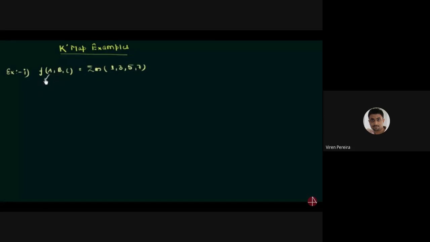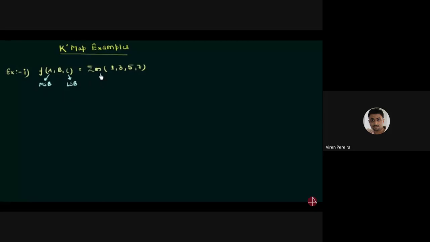If A is written first, it means A is your MSB, most significant bit, and since C is written last, it is your LSB, the least significant bit. While solving the K-map also, I have told you how to write the MSB and LSB, so don't change this order while writing your K-map.